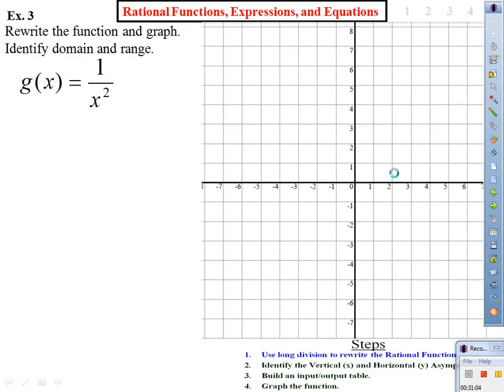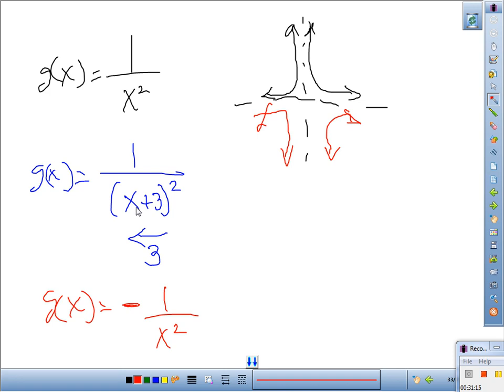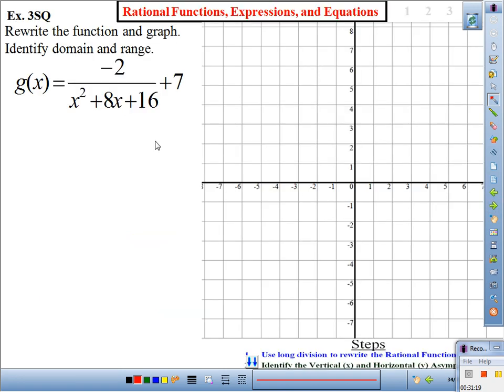Because for home play, you're going to have some of these. Look up. Look at this one. You're like, Mr. Q, that doesn't look like, okay. Look at the one I showed you. It has a parenthesis, doesn't it? How can we make this one have a parenthesis? Factors of 16 that add up to 8. 4 and 4.